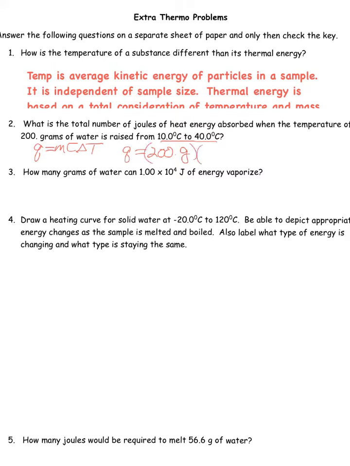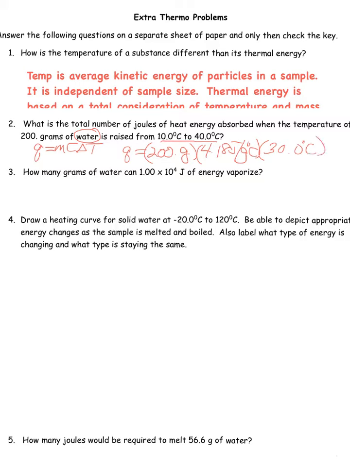Specific heat capacity, this indeed is water, so we're going to use our 4.18 joules per gram degrees Celsius. And our change in temperature here is going to be 30 degrees because we're going from 10 degrees up to 40. So we're going to have a 30.0 degrees Celsius temperature change.